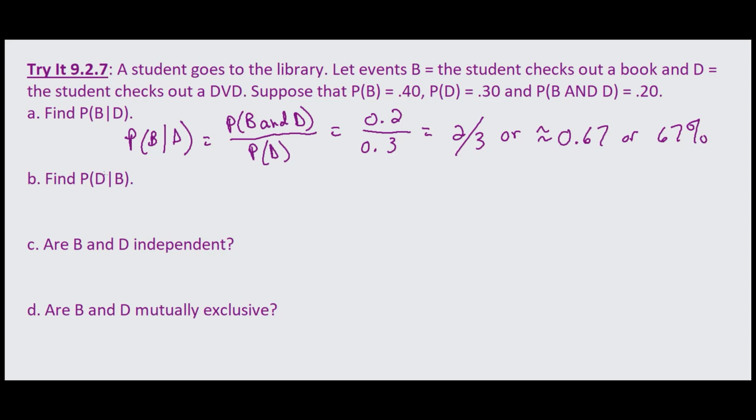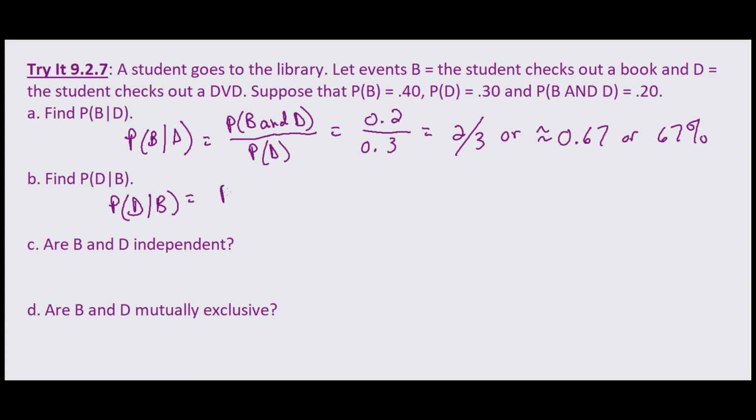Now similarly, we're asked to find the probability of checking out a DVD given that the student checked out a book. So the probability of D given B equals, again, the probability of B and D, or you could say the probability of D and B, but that's going to be the same thing.